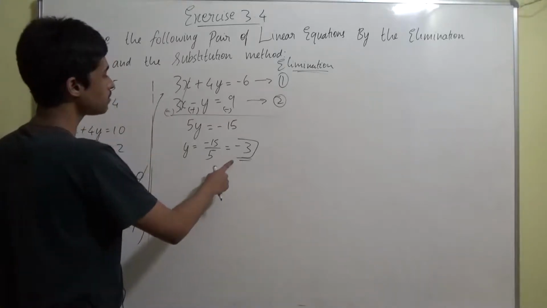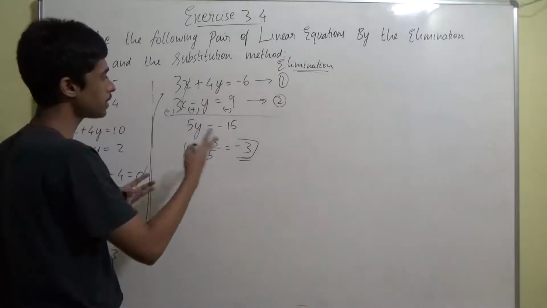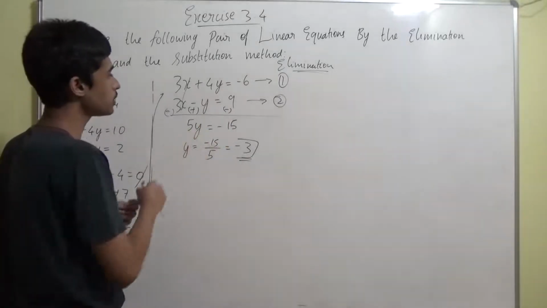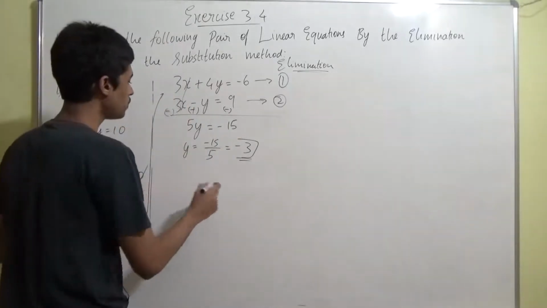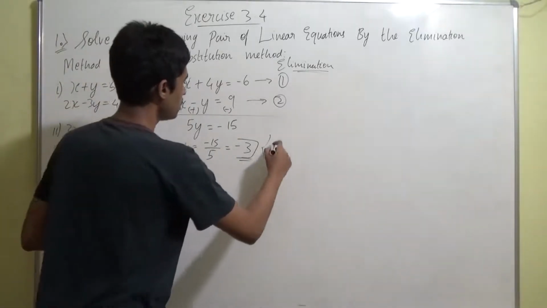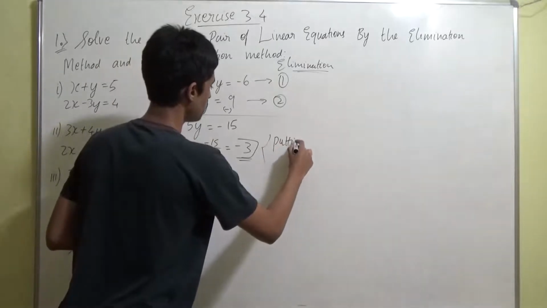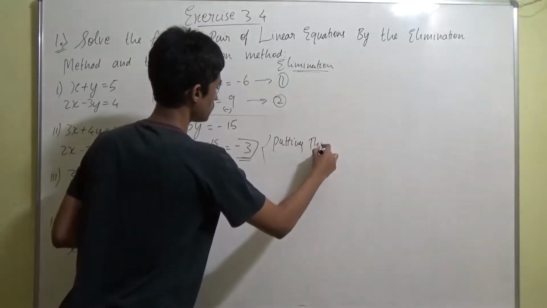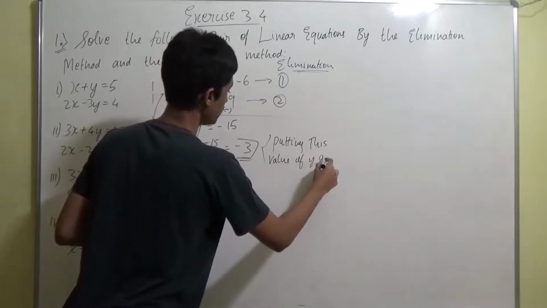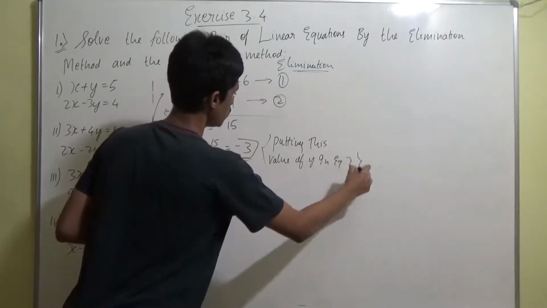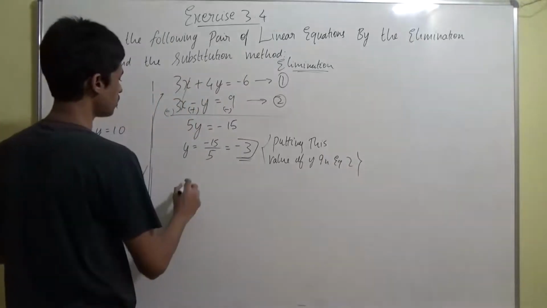Now let's substitute this value of y in any of these two equations to get the value of x. So I'll put it in equation 2, because there's only one y term and it looks a little simpler to get the value of x. So putting this value of y in equation 2, what will happen?